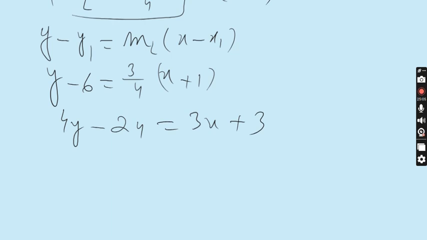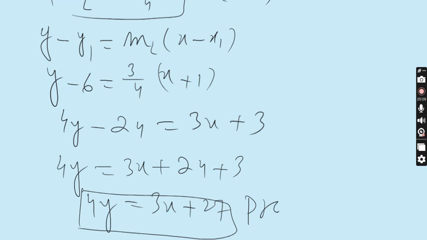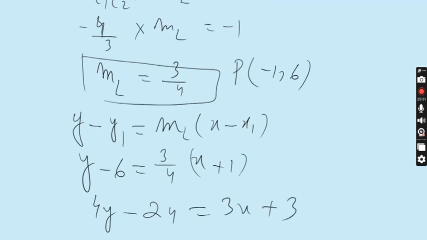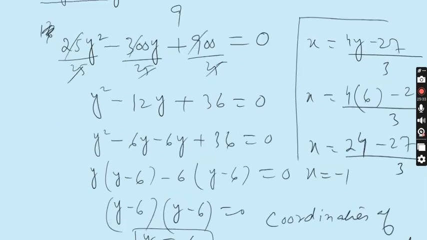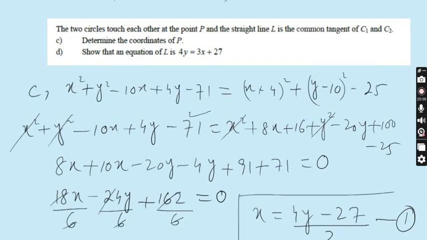So 4y is equal to 3x plus 3, and this minus 24 shifted over there, it is 24. So 4y is equal to 3x plus 27. This is the requirement proved or shown. What was the requirement? See again. Show that an equation of L is 4y is equal to 3x plus 27.